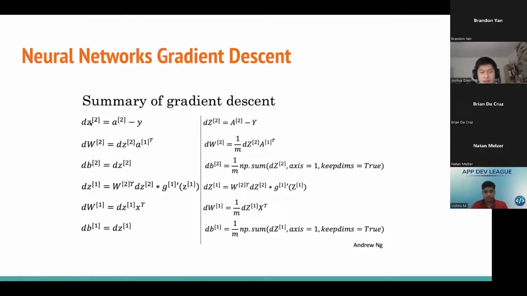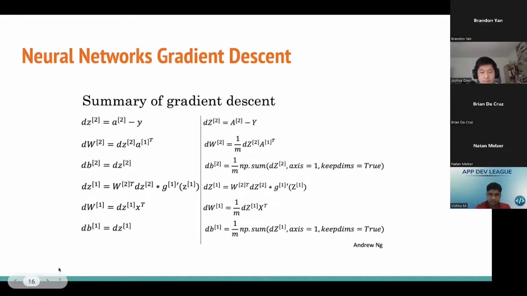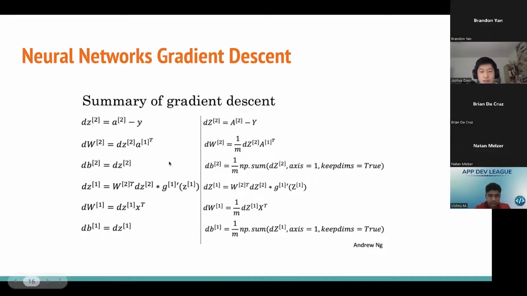So in reality, dz will be the partial derivative of the cost function with respect to z. These formulas, I guess you can just take for now. I wouldn't worry too much if you don't understand this.